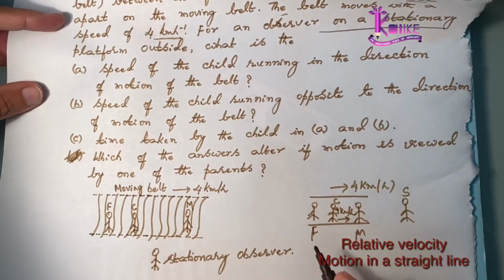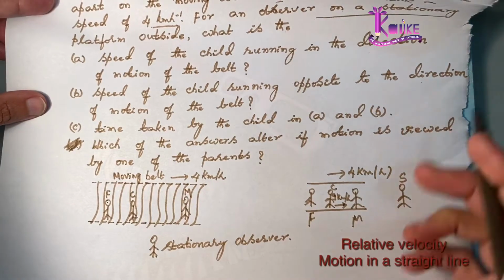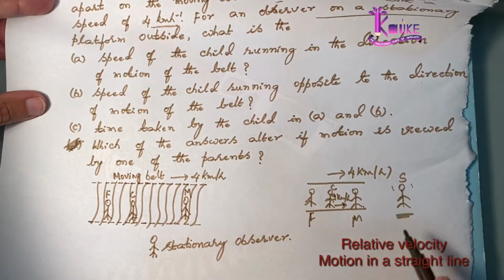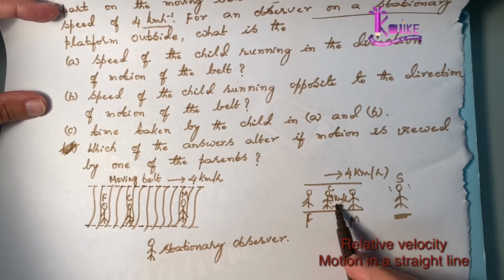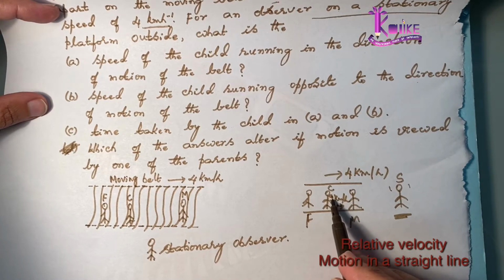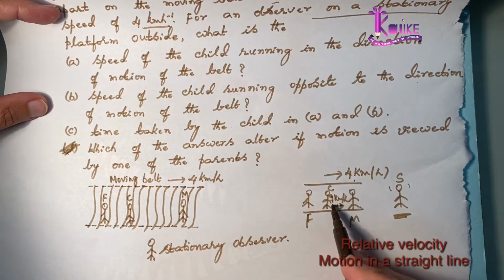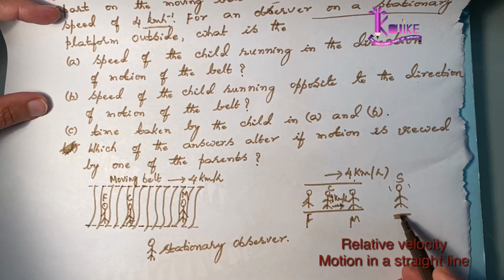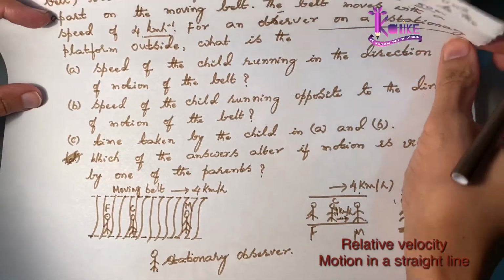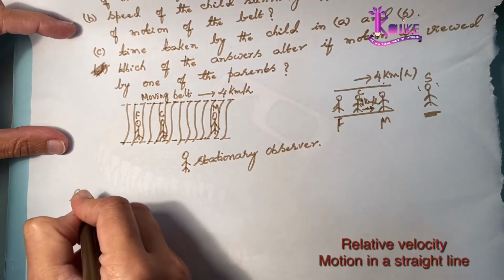Now since the boy is moving in the direction of the moving belt, for a person who is stationary, he will see that the boy is actually moving with a speed of 9 km per hour plus 4 km per hour, which is the speed of the child plus the speed of the belt according to a stationary observer.